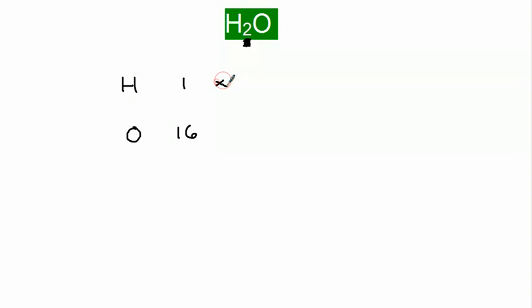So here, instead of times 1 like on the previous page, it's times 2. But that 2 is only associated with hydrogen, so I only have the 1 oxygen. Add them up, you get 18. So the relative formula mass is 18 for water.